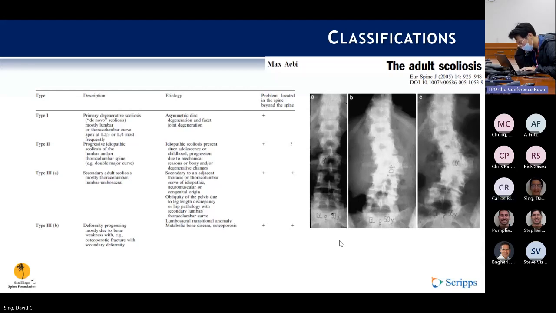Type 2 curves were idiopathic scolioses that have been present since adolescence and childhood and then progressed over time. These were also, in later stages, starting to show sagittal malalignment, with flattening of the curvature. And type 3 was described as secondary degenerative scoliosis, meaning whether it be idiopathic, congenital, neuromuscular conditions, or a lumbosacral anomaly, there were resulting degenerative changes that worsened this curvature.